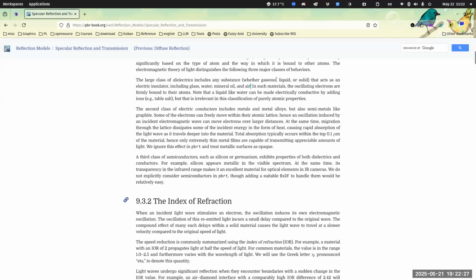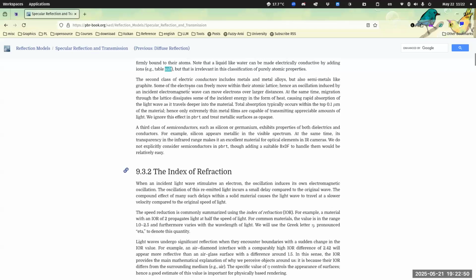In such materials, oscillating electrons are firmly bound to the atoms. Yes, water can be conductive if you add something like ions, such as salt, but it's irrelevant.